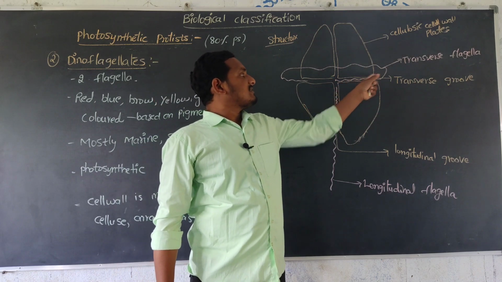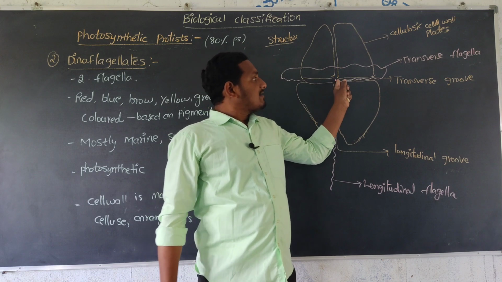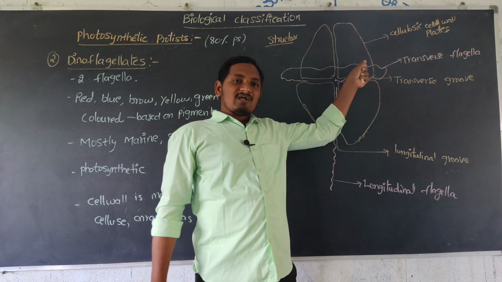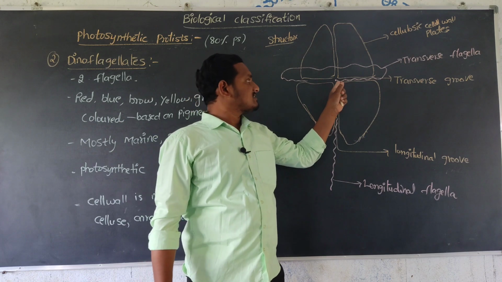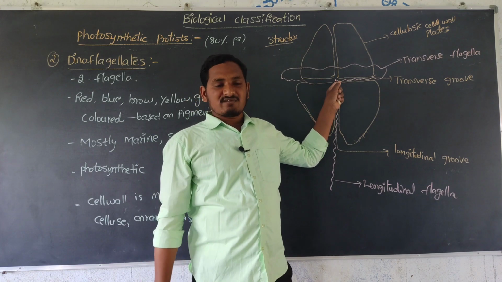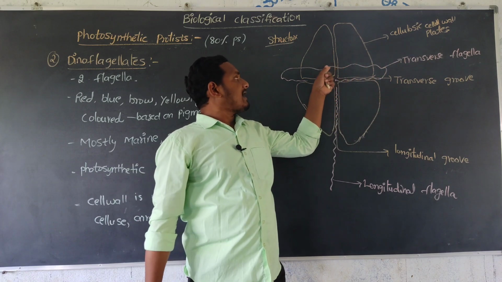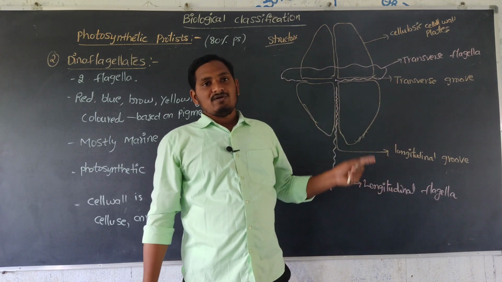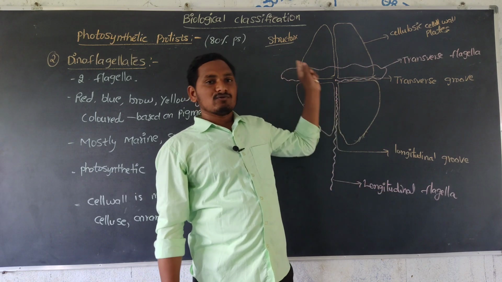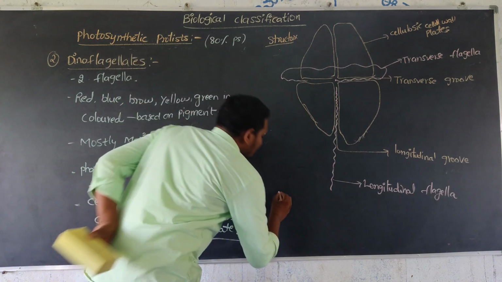That horizontal flagellum is arranged in the transverse groove. It starts from one region of the transverse groove, goes around spirally, and comes back into the transverse groove only. That's why these organisms are called whirling whips.